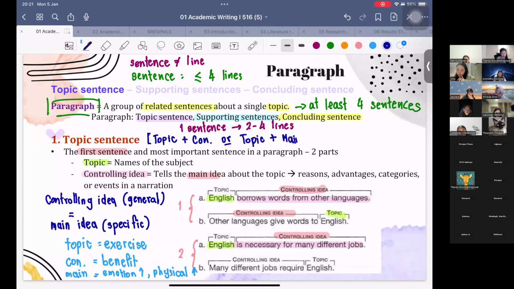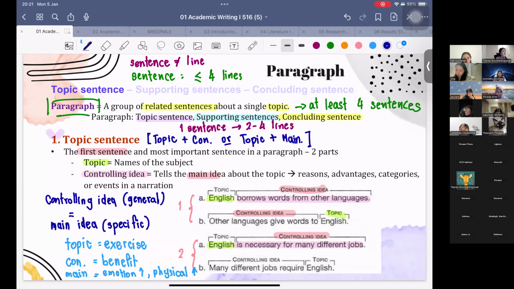You pick one. You don't have to go for both. Choose one.